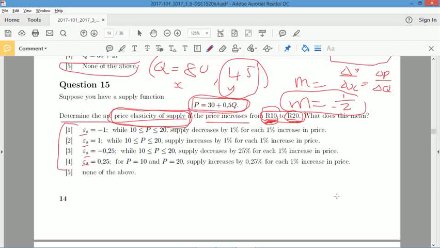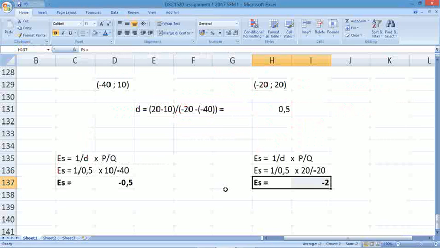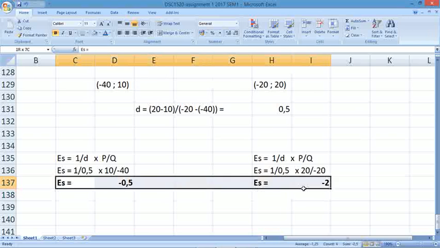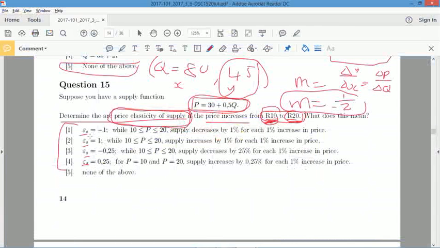Okay, so if I had to do a working here, we've already done 2. Those were the price elasticities of demand that I've got. They're negative. So looking at this, I would be happy to go with either 1 or 3 based on that. But you can see those answers aren't exact, which is a problem, because here you're looking at a scope between those two values. Supply decreased by 1% for each 1% increase in price.